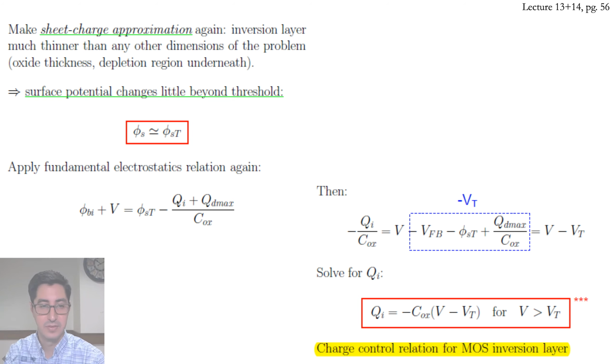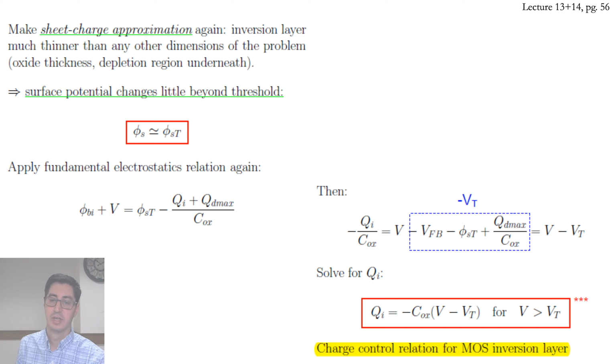If we just cover up this QI, that's the exact expression we had. We said VT is equal to negative phi bi plus phi st plus QD max over Cox. The only thing that's changed is now we have some voltage past threshold that's giving us some QI. So V minus VT is equal to negative QI over Cox, which in the approximations we made makes it look like a parallel plate capacitor.